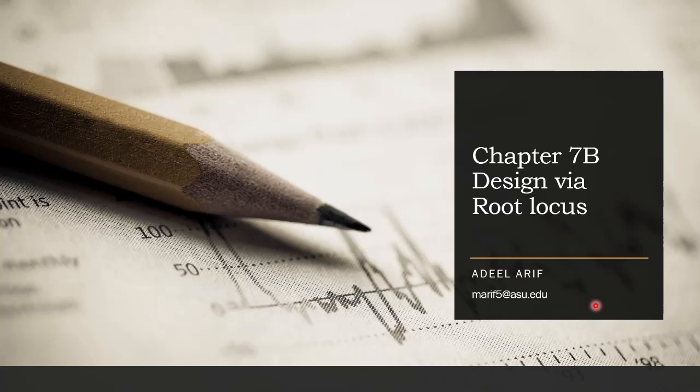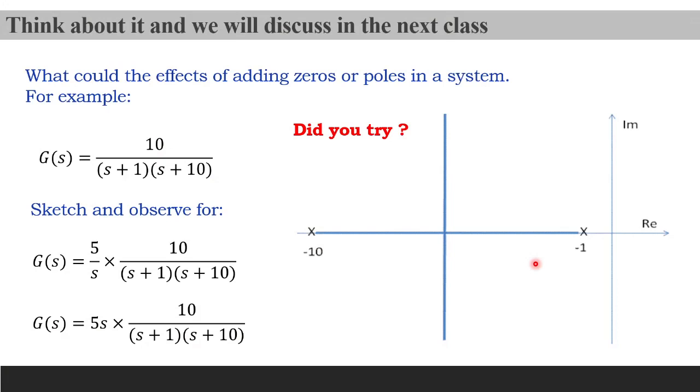So let's begin with the question which I left you with in the last class. I gave you an assignment to think about what would happen to a system if I add additional poles and additional zeros to it.